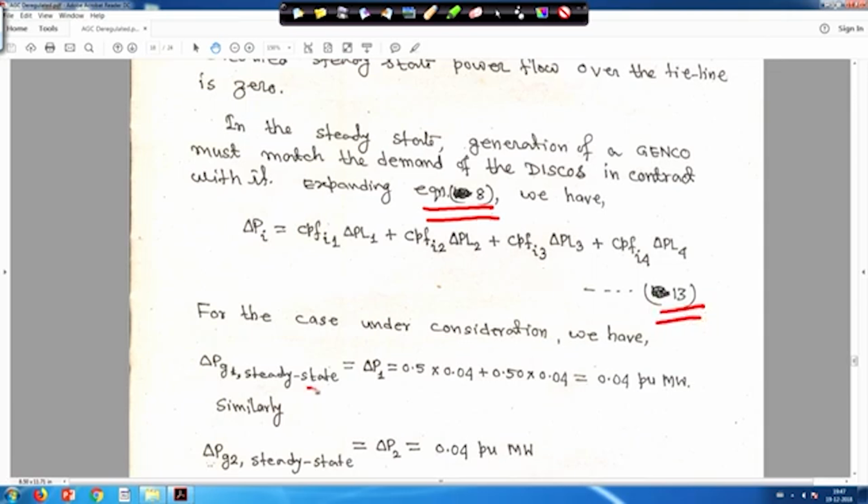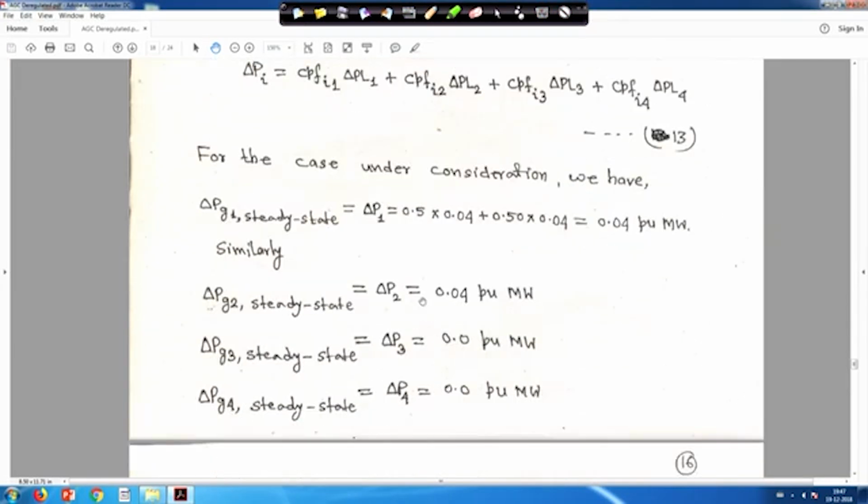Now delta Pg1 steady state, I told you, will be equal to the contracted demand, this is 0.04 per unit megawatt. Similarly, delta Pg2 steady state also has to be 0.04 per unit megawatt, but delta Pg3 steady state, equal to delta P3, will be 0, and delta Pg4 steady state, equal to delta P4, will be 0.